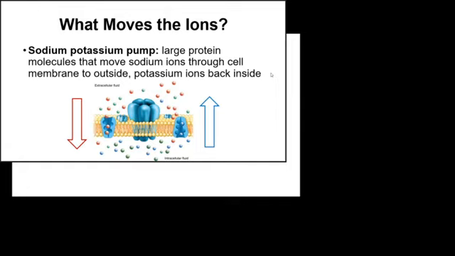So here they're shown as 2 separate pumps, but both would be operating the same way. Basically on one step, they bring in 3, and on the second step, they push out 2. And that's going to happen at all of the sodium-potassium pumps.